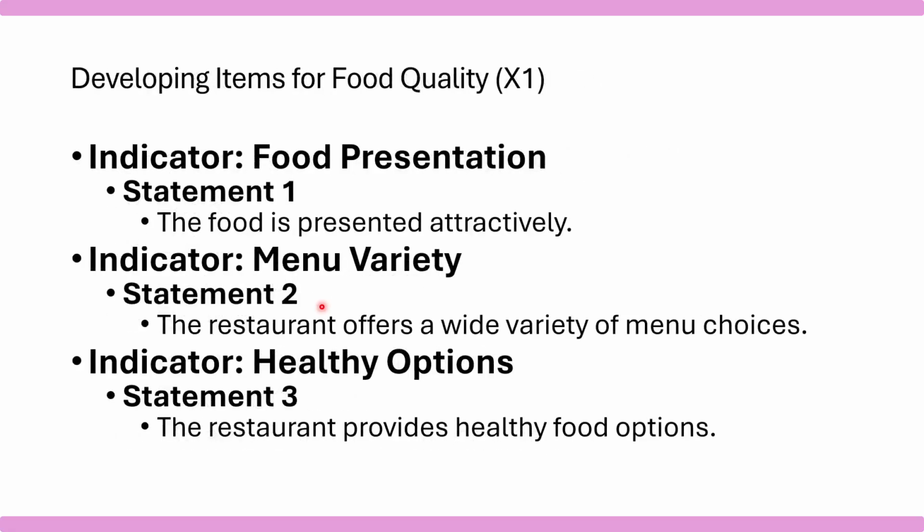Okay, next one. This is an example for each variable. Let's say food quality has food presentation. Statement number one will be: the food is presented attractively. But I just give you one example for each indicator. Remember, each indicator should have a minimum of two statements. Why statements?